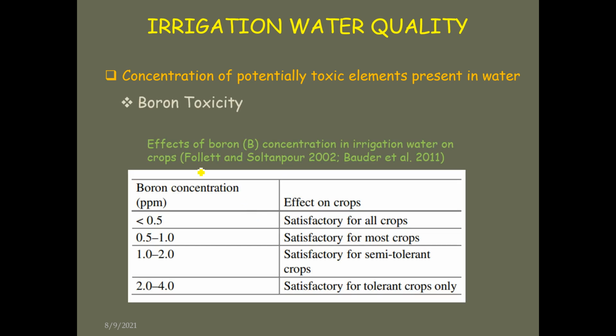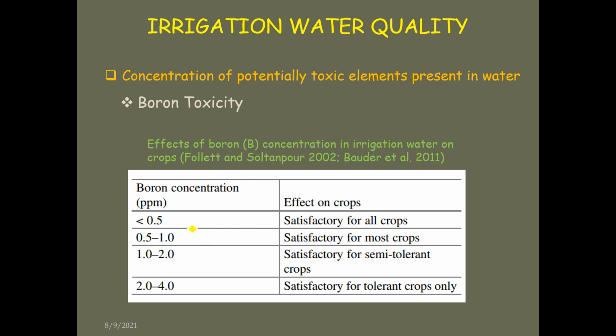Since we have studied sodium toxicity and salinity hazard, the first one is boron toxicity. It means if boron is present within the permissible limit, then there is no problem. But if the concentration of boron increases, then there might be problems for the crops.